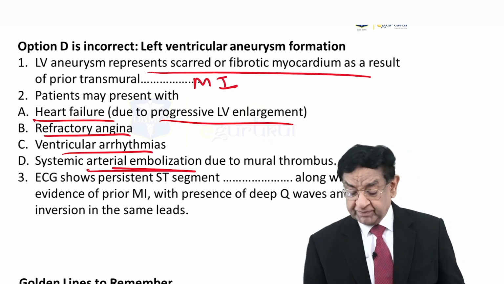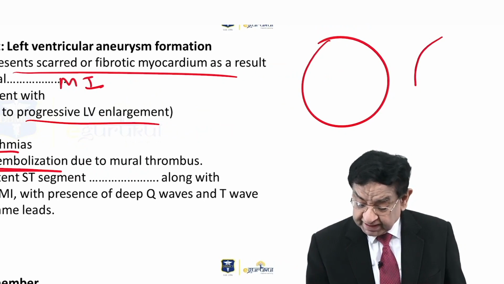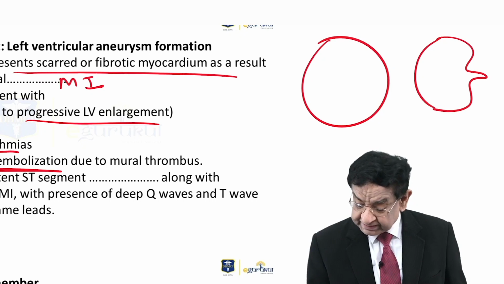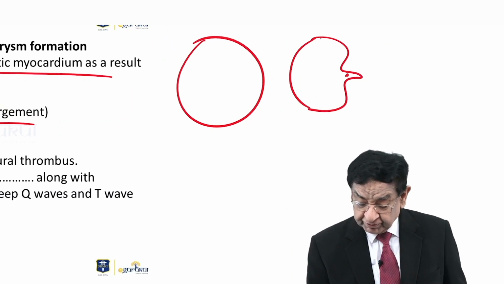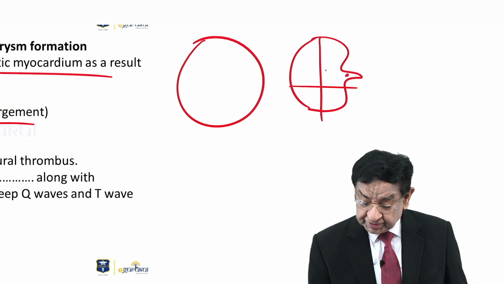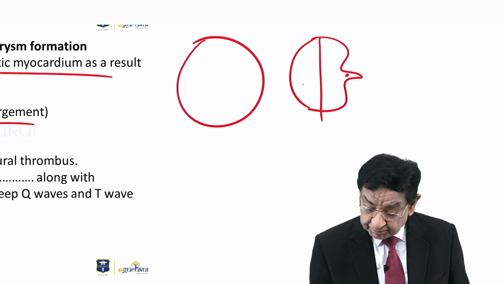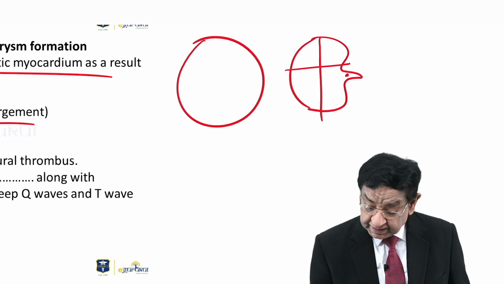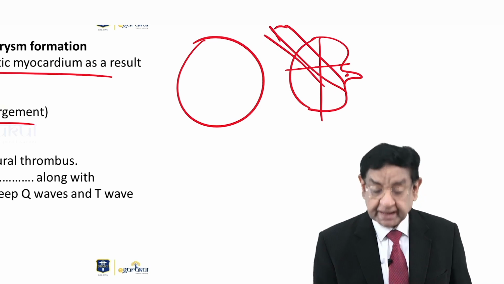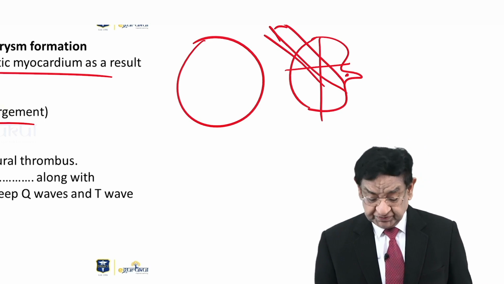Because a clot may form in the aneurysm, unlike normal myocardium, and can go into the aorta and lead to systemic embolization. That's a dangerous complication. The patient can end up with CVA.